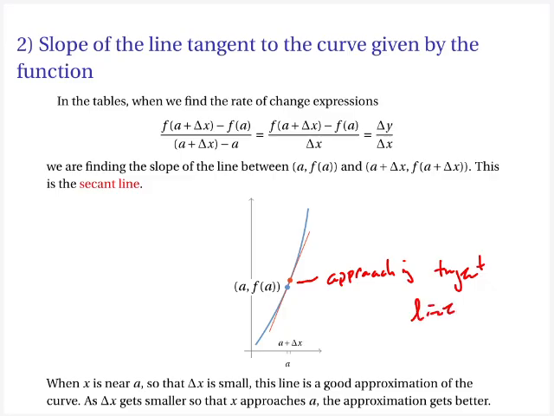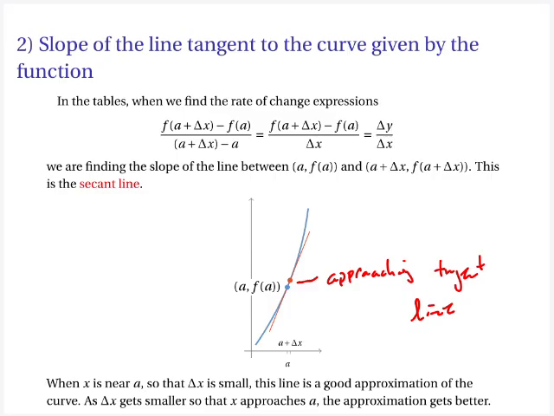You can see why I do slides. My handwriting is so bad, and the tablet doesn't help. So as x gets near to a, said another way, as delta x gets near to 0, the secant line is approaching a tangent line.